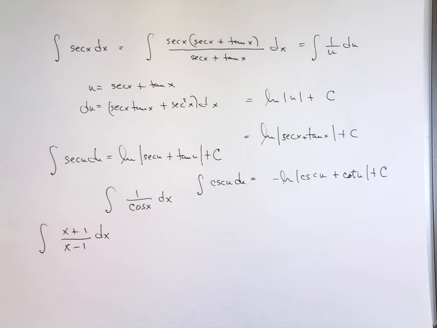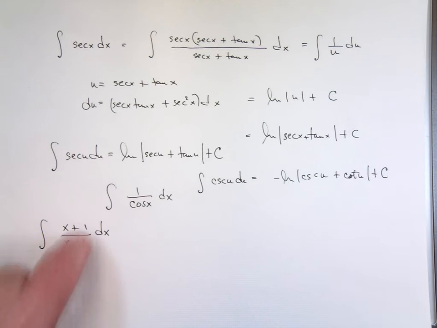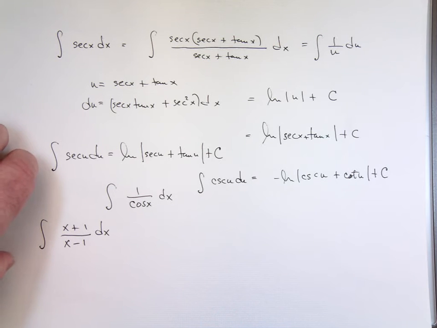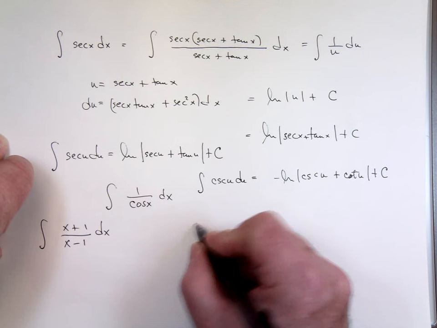You don't like that, Jim? It's not synthetic division. Well, you could use synthetic division, actually, since these are just linear factors here. But we're going to actually do the long division because you're going to have to use long division at some point. So let's do it. X plus 1 divided by x minus 1.